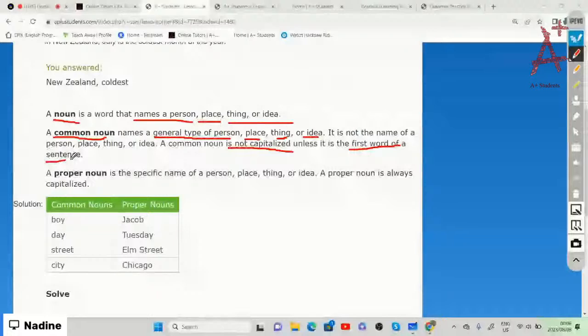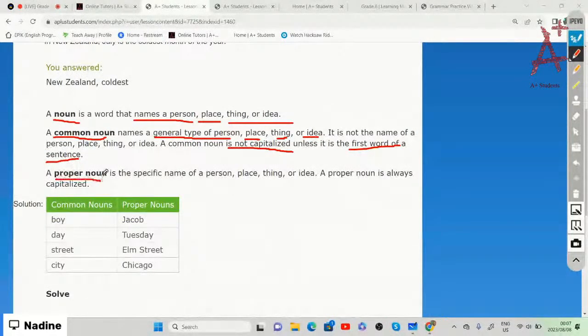However, if it is in the middle of a sentence, then the common noun will not be capitalized.